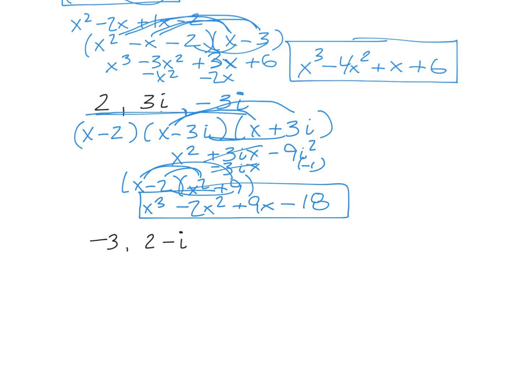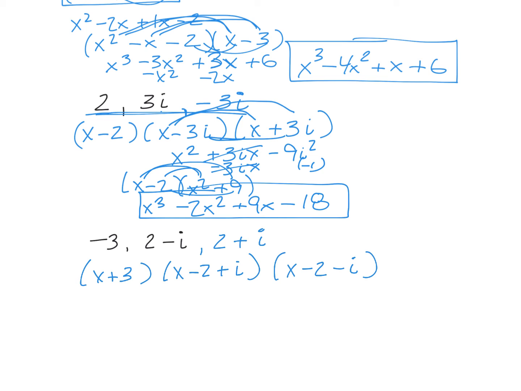So next one I've got negative 3, and then I have 2 minus i. So I would need to have 2 plus i. So then my factors would be x plus 3, and then I'd have x minus 2 plus i. So I'm doing the opposite. And I'd have x minus 2 minus i.